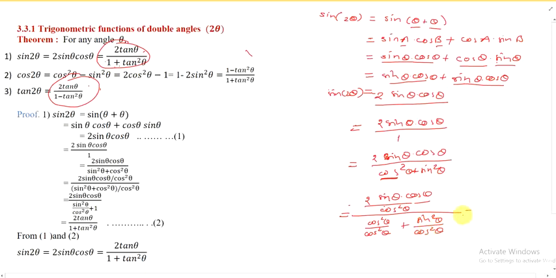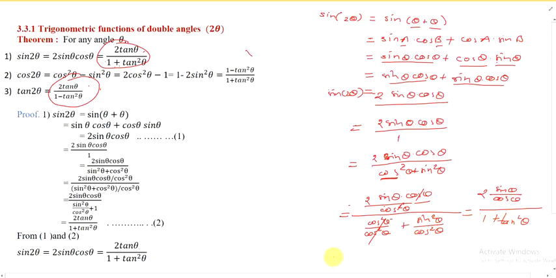Here one cos theta gets cancelled and what remains is 2 sin theta upon cos theta, upon, here cos square gets cancelled, and we get 1 plus sin square upon cos square theta, very nice, tan square theta.